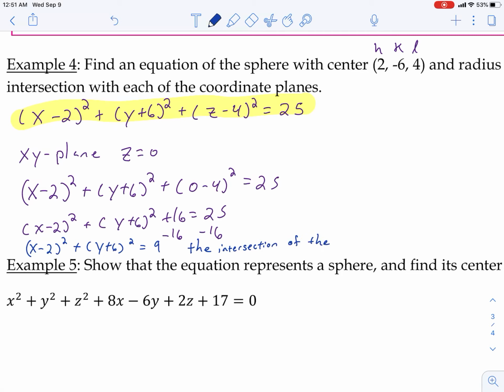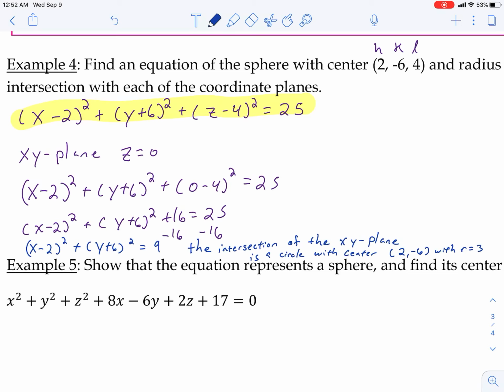And so therefore, the intersection of the xy plane is a circle with center (2, -6) with radius 3.